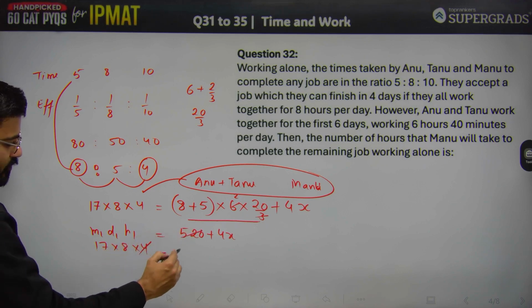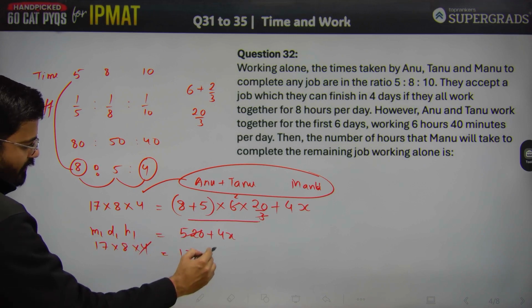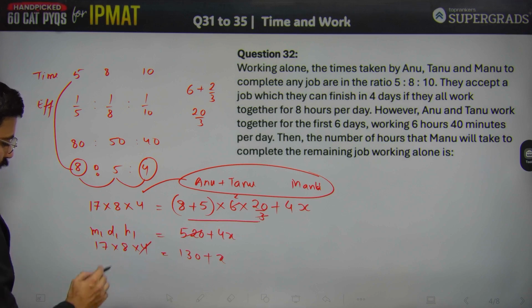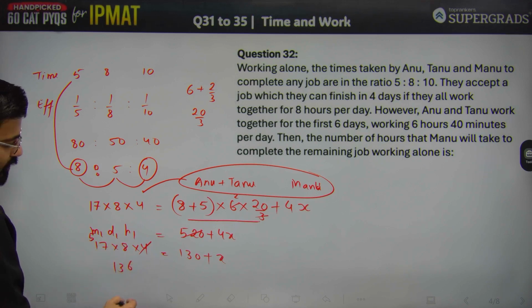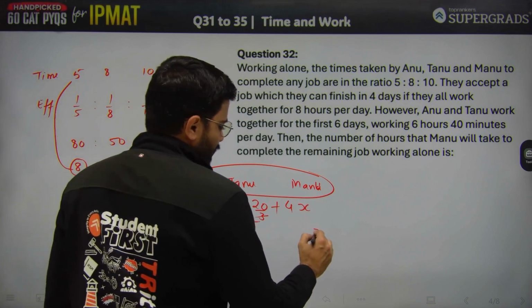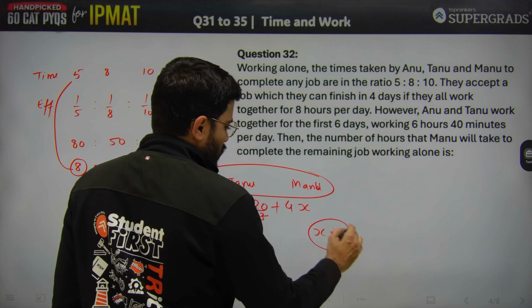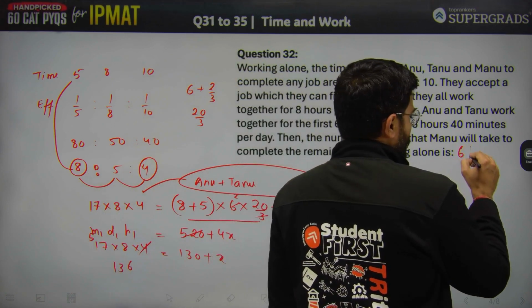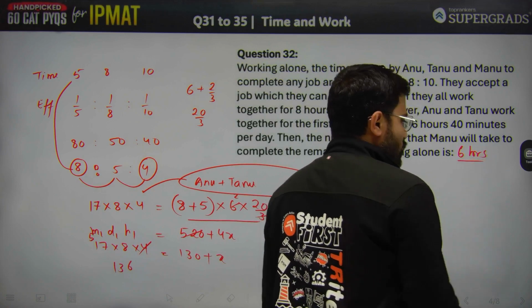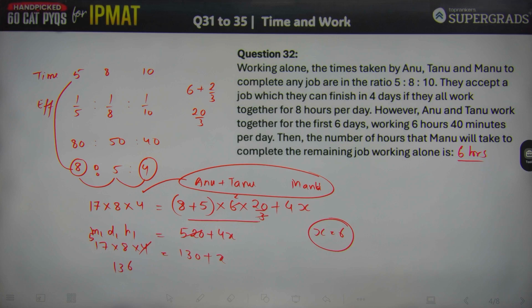This becomes 130 plus x, and this is 17 into 8. 17 into 8 is how much? 56, 5 carry. 8 plus 5 is 13, 136. So from here I get the value of x as 6. So how many hours did she take alone? That is 6 more hours she has to work to complete the remaining work.